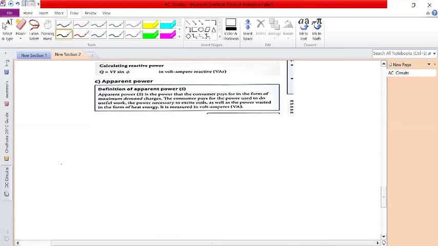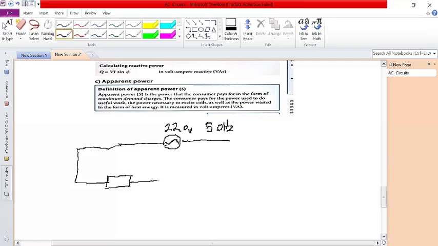Okay. So now let's do some calculations. Let's say we have a series circuit with a source of AC, current and voltage, and it's 220 volts, and it has a frequency of 50 hertz. Then this circuit is made of a resistor, an inductor, and a capacitor.